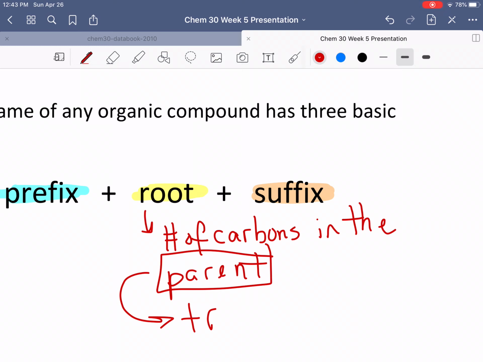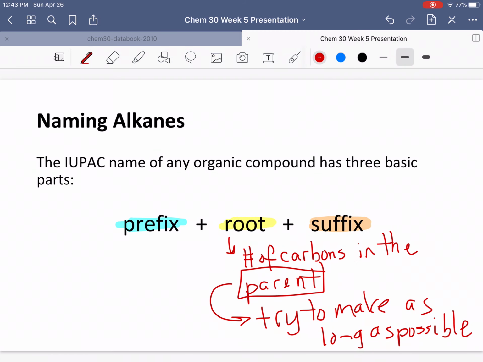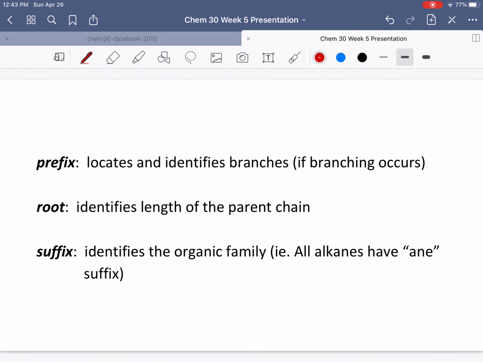Parent chain, try to make as long as possible. And that doesn't sound like a big deal, but when you start to see some of these interesting structures, you'll notice you have to play around a little bit to get a true strongest length. All right, let's continue. Now, remember that prefix, root, and suffix that I was focused on here.